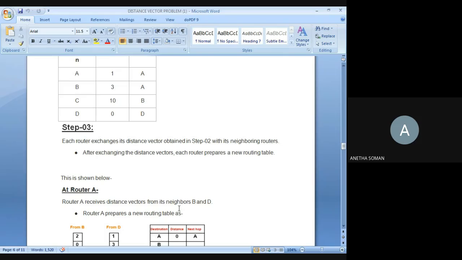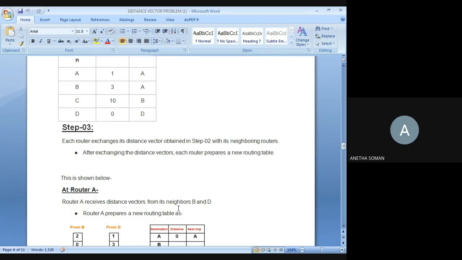So as step 3, up to step 2 each node has a new routing table, right? After sharing and performing the action based on the Bellman-Ford algorithm, each router has a new routing table. Now, based on that new routing table, you proceed further.